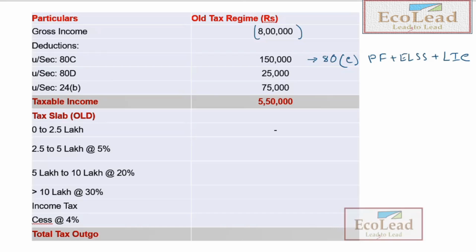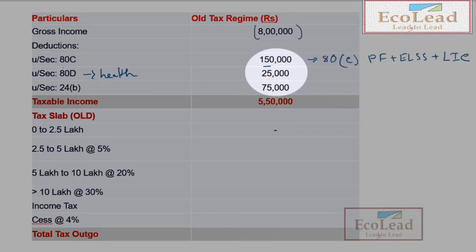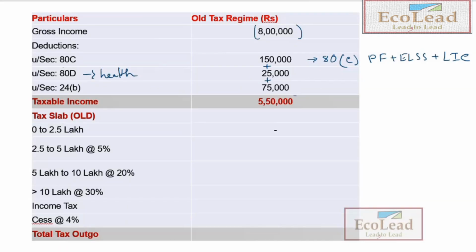Apart from that, we do have 80D, that is the health insurance. So under health insurance, 25,000 is deductible. On top of that, the person has also paid interest on the loan amount, that is coming under 24B home loan. So here it is 75,000. Now if we add all these deductions, it will be coming as 2.5 lakh rupees.